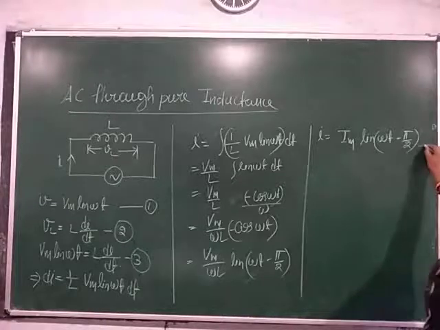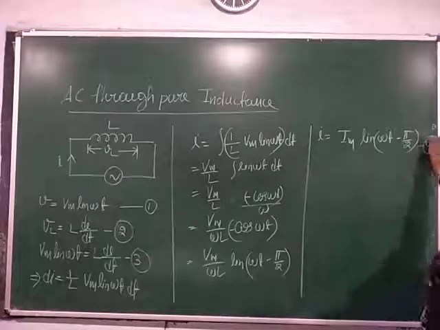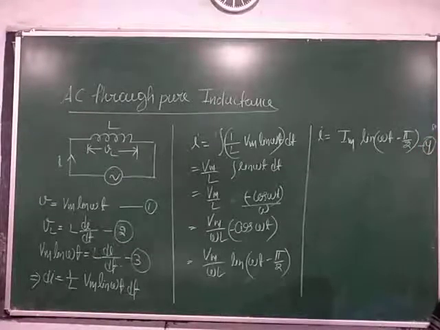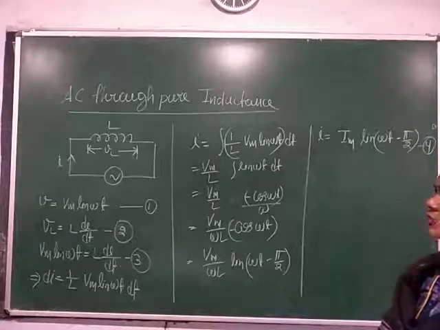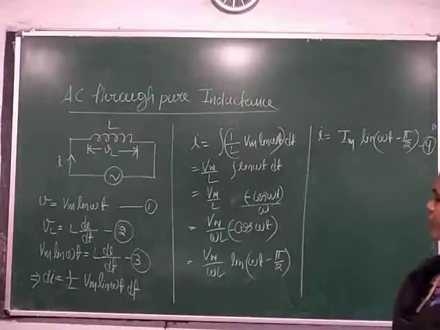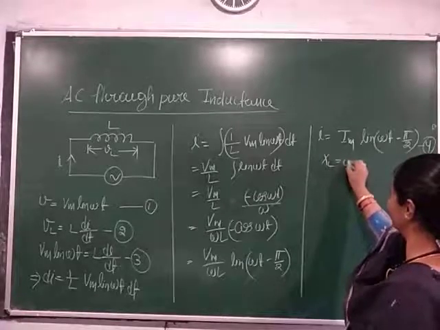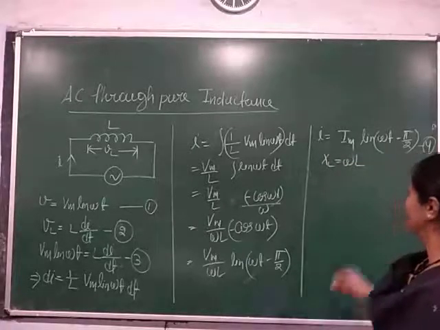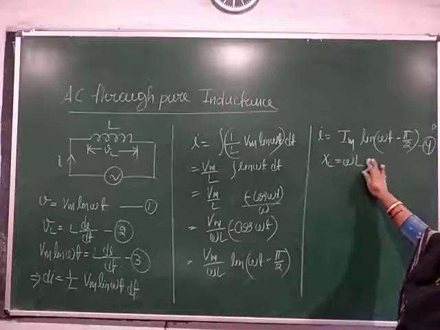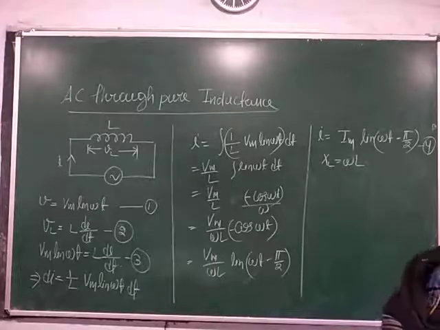Equation 4 represents the instantaneous value of current flowing through the inductor, where omega L is XL, which is called the inductive reactance.